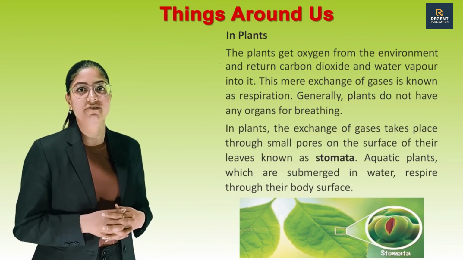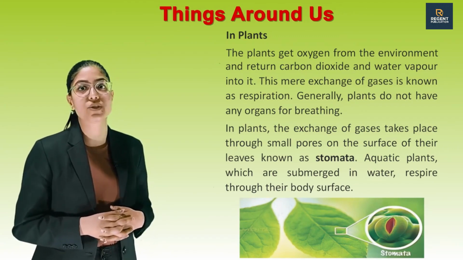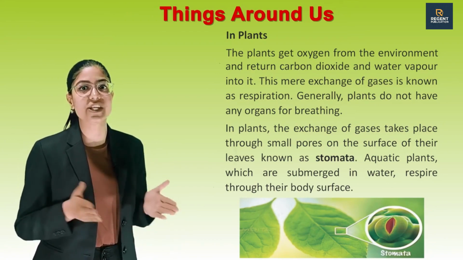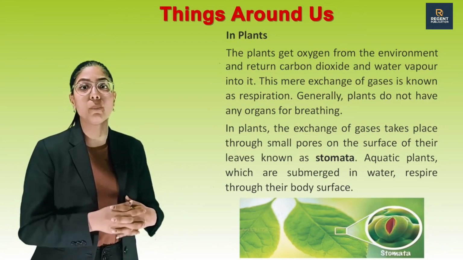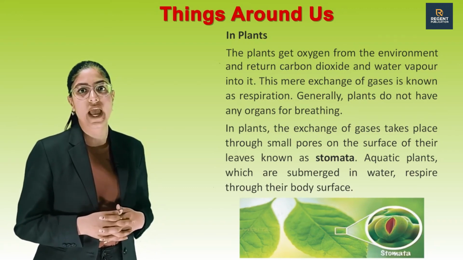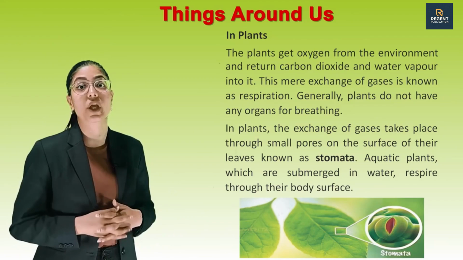This mere exchange of gases is known as respiration. Generally, plants do not have any organ for breathing. In plants, the exchange of gases takes place through small pores on the surface of their leaves known as stomata. Aquatic plants which are submerged in water respire through their body surface.